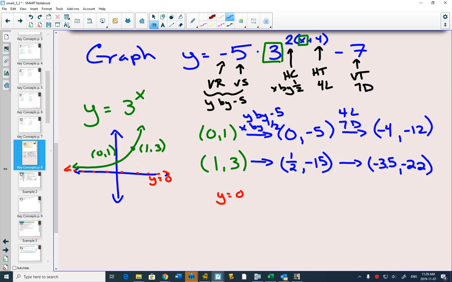Do we move things up and down? Yes. We move it 7 down, so our asymptote is going to move down 7. Now that we have all that information, we know where our new asymptote is, we know where our new points are, we can start to graph.